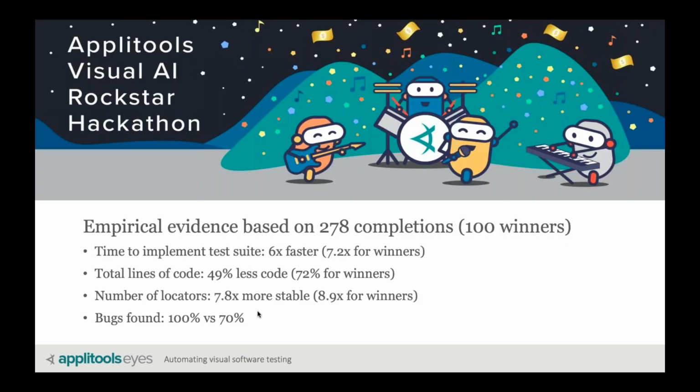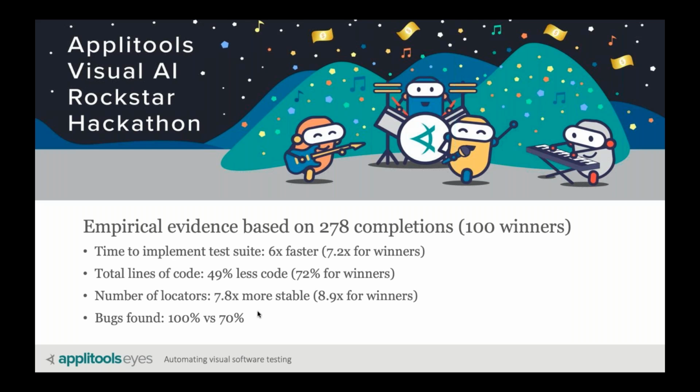We ran a hackathon a couple of months back. We got very, very interesting feedback from our participants. We had about 300 people who completed the hackathon challenge. 100 of them actually won cash prizes, which was pretty cool.